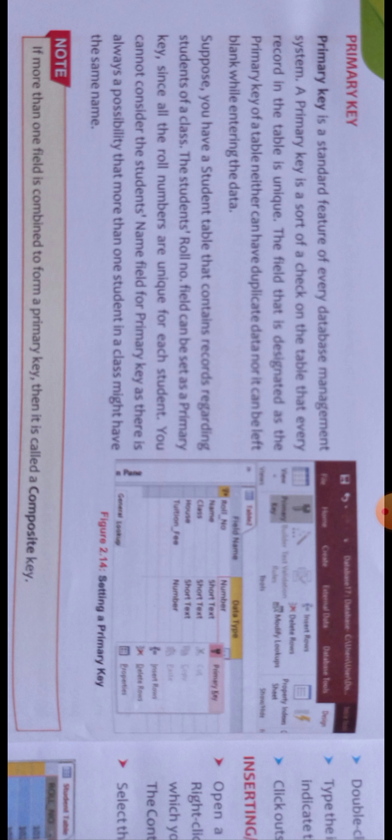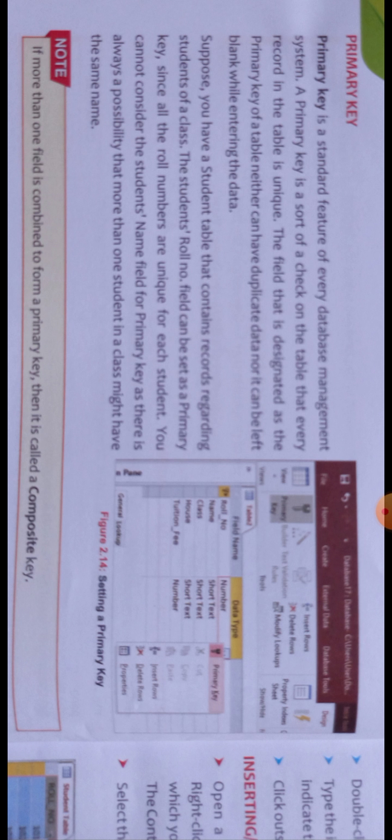Let us understand it with the help of an example. Suppose we have a student table that contains records regarding students of a class. The student's roll number field can be set as a primary key because all the roll numbers are unique for each student. That is, there are no students that have the same roll number.